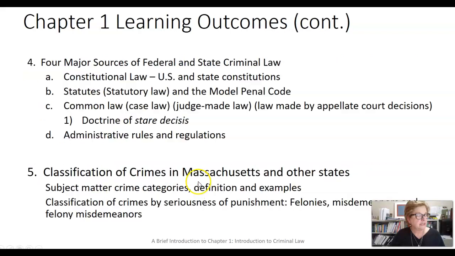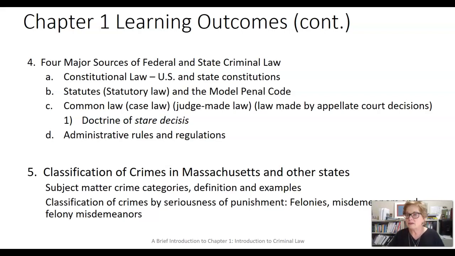We'll then turn to classification of crimes in Massachusetts. There are three basic ways, as we'll see, that crimes can be classified in any given state: by subject matter. Is it a crime against a person? Is it a crime against property? Is it a crime against the administration of justice, such as perjury under oath or bribery of a judge?